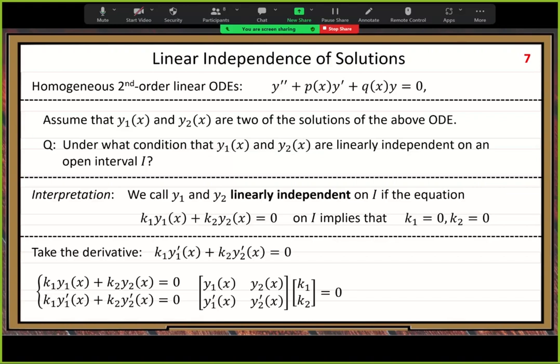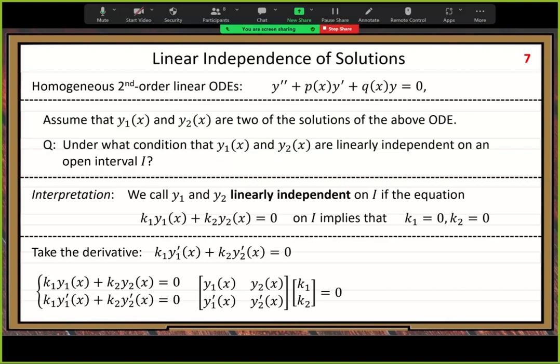The second question we want to ask is: is it possible that a homogeneous linear system has a non-trivial solution?